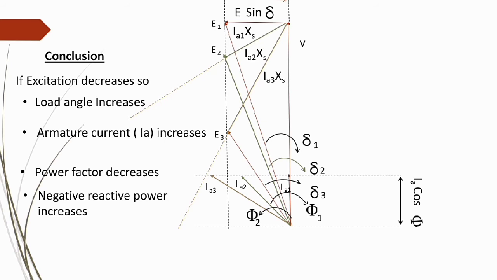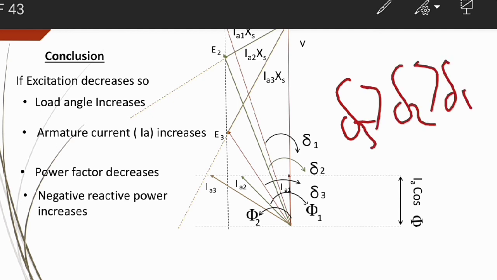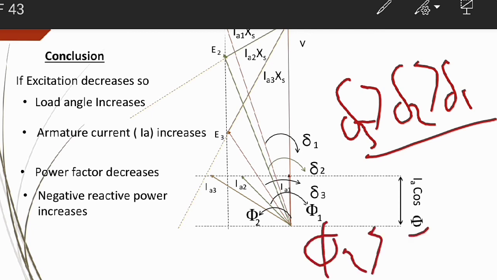So del 1 is the least, and del 3 is more than del 2, then del 1. And the value of flux phi 2 is more than phi 1. These two conclusions we will have to see.